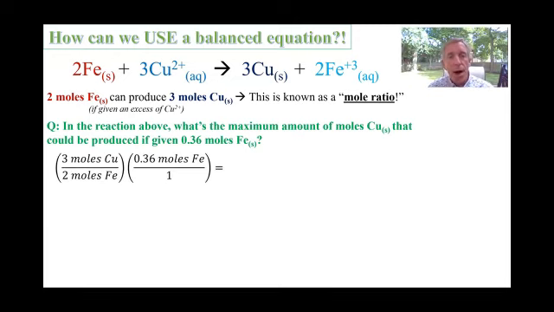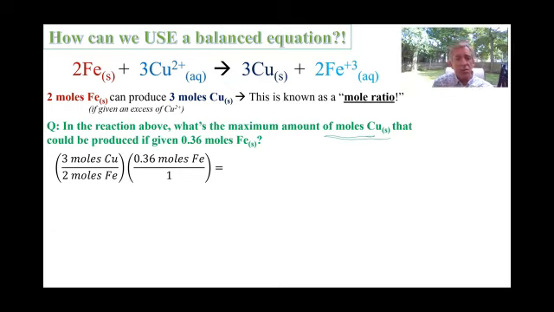So my way of doing unit analysis is to always start with the very first ratio having the unit I want in my answer. If my answer is, as you can see here, moles of copper, then somewhere in the problem, I have to be able to get a number that has moles of copper. And the only number I have with moles of copper is the mole ratio that we saw earlier. So I can stick that in and make sure that occurs at the top of my ratio.